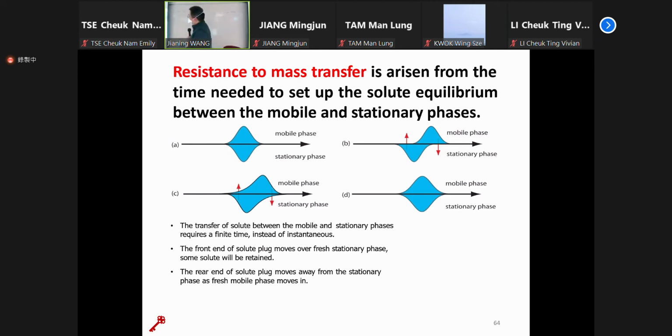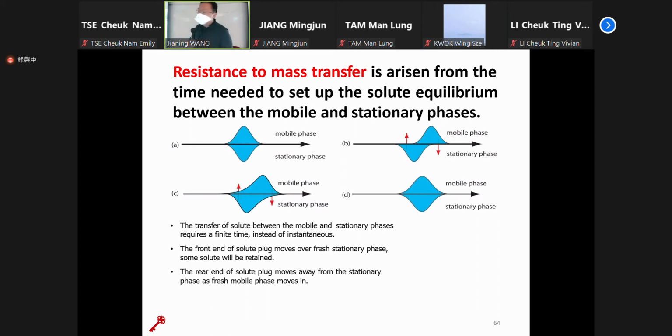So here there's a word, equilibrium. If we only consider the absolute or theoretical situation, we always think everything establishes equilibrium instantly, costs no time, right? But in the real world, it always costs some time. So for a certain time, there is always some non-equilibrium process.